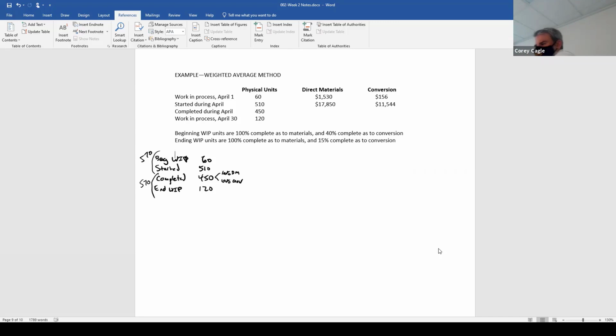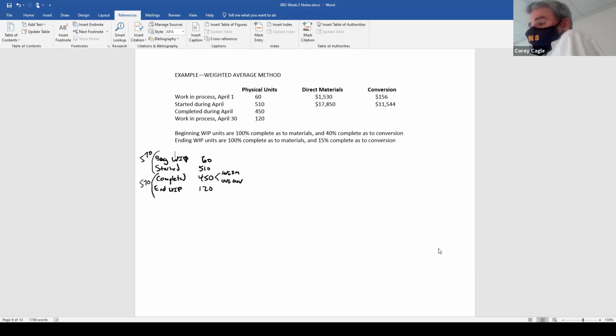Maybe not. No, I don't think we did. Well, here it is now. Conversion cost is labor and overhead added together. That makes sense, right? You have materials, and labor and overhead is what you incur to convert it to a finished good. So labor and overhead, that is your conversion cost.